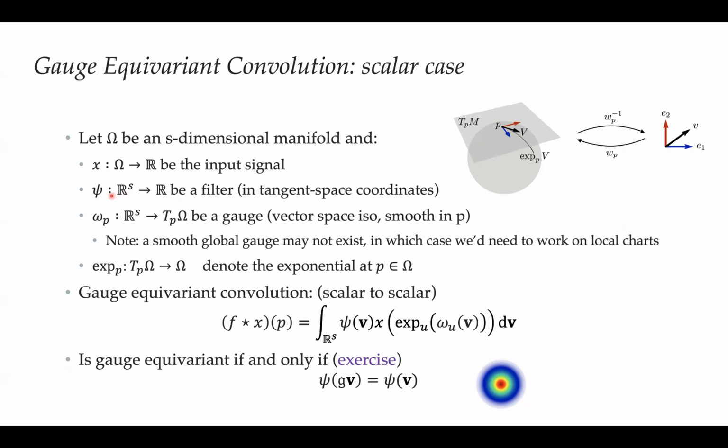So it's a function on R^s, for our s-dimensional manifold, to R. And because this is expressed in terms of coordinates and not in terms of abstract tangent vectors, we need a gauge to tell us how R^s, the tangent coordinates, are mapped to the tangent planes. So that's called a gauge.